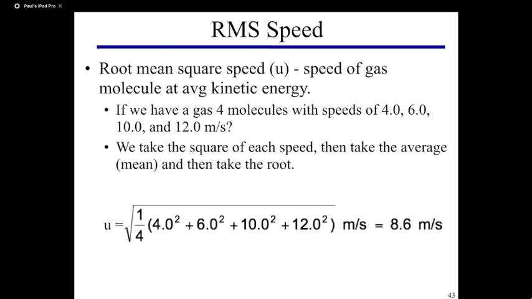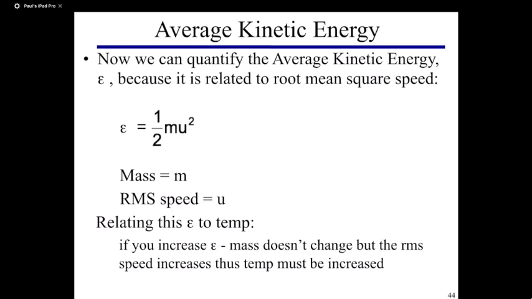That is ridiculous. So there's another way we're going to get to this number, not using this simple math. We're going to use a different math. It is just as simple, but it will create the root mean square speed.